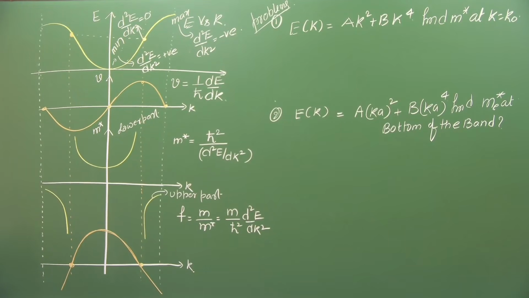Please read the book. This part is very crucial for CSIR. Every year one question is there based on this effective mass, velocity, fraction F. So very, very crucial. Maximum questions came from m star and velocity.